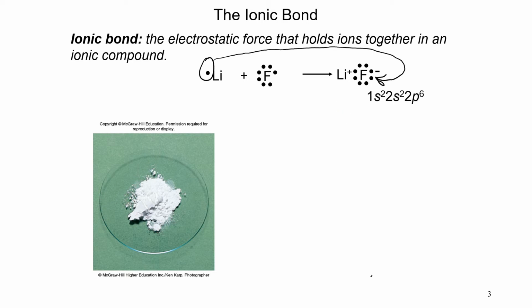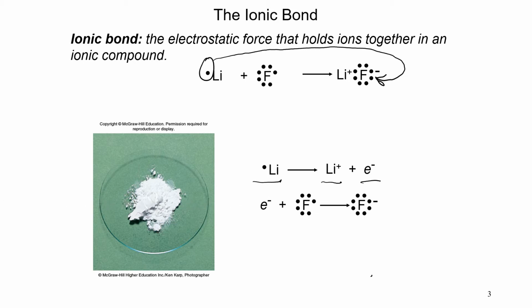And this is just indicating what noble gases are present. We can write these ion transformations as a chemical equation, so to speak, where here we have the neutral atom with one valence electron, and on the product side we see the lithium ion plus a free electron, which actually doesn't remain free.